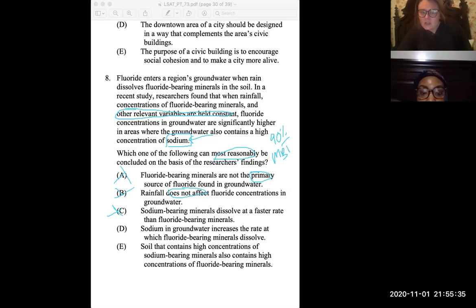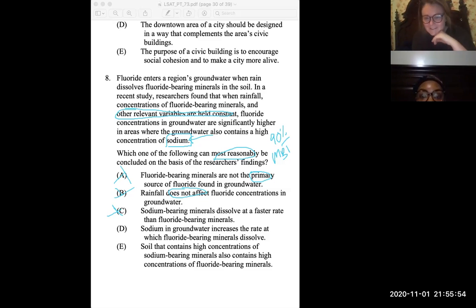This is one where I would have crossed the first three off pretty easily. That's what I was going to ask you, what do we know about this then? The other things are held constant, so if this is the only thing that's changing.